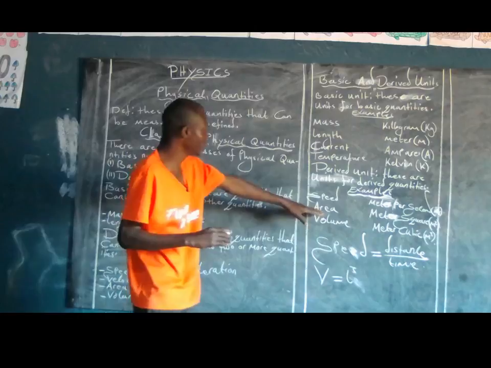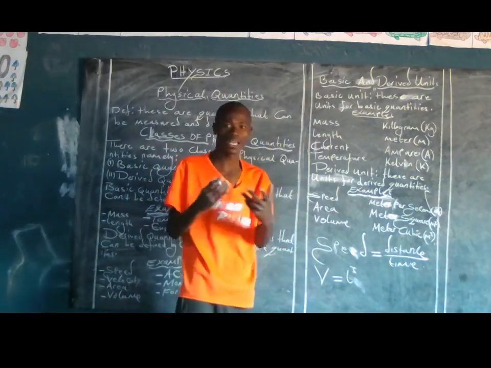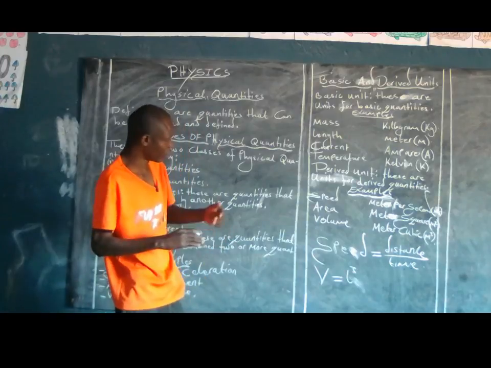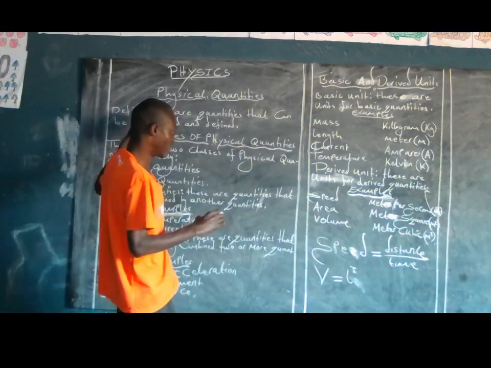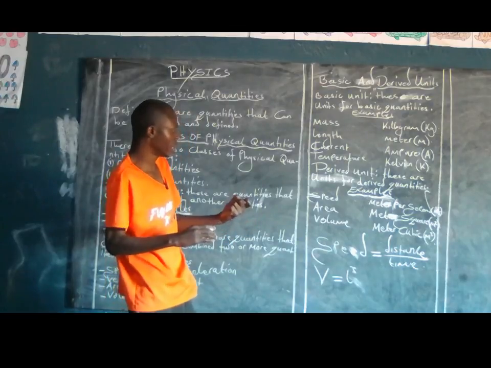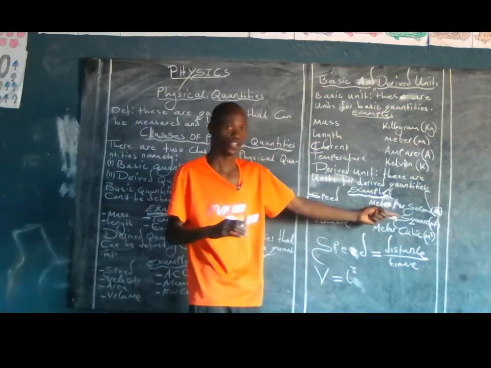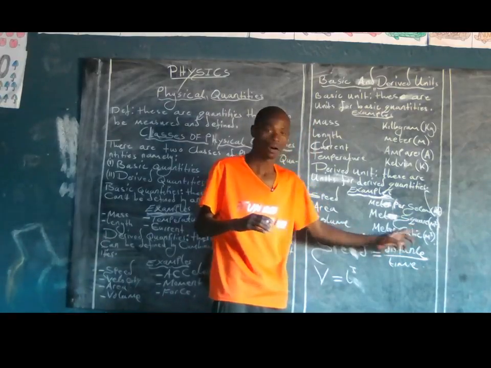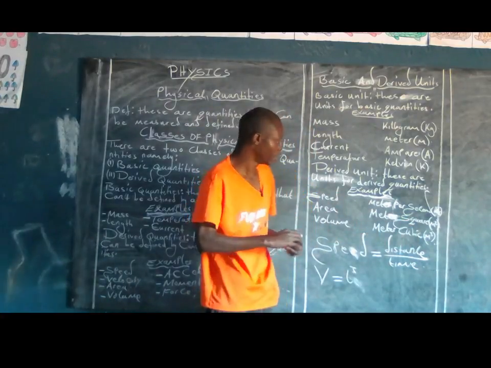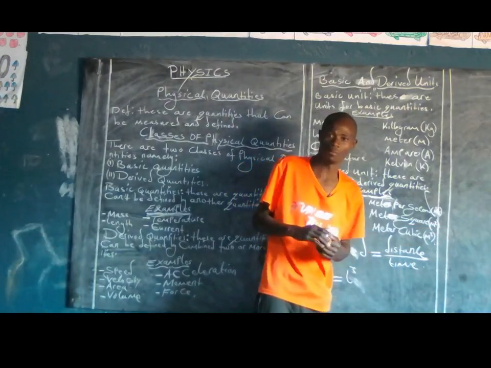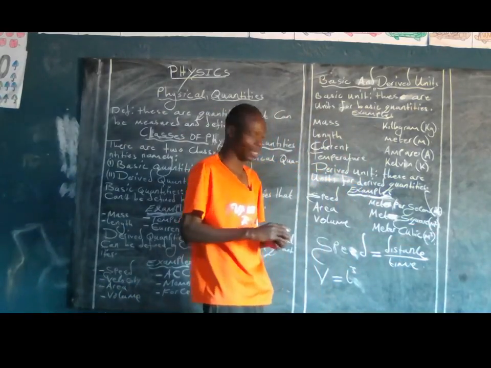Then apart from this, we have also area. Since we understand that area is an example of a derived quantity, its unit will be meter squared or square meter. In symbol form, we have m with a square up there.